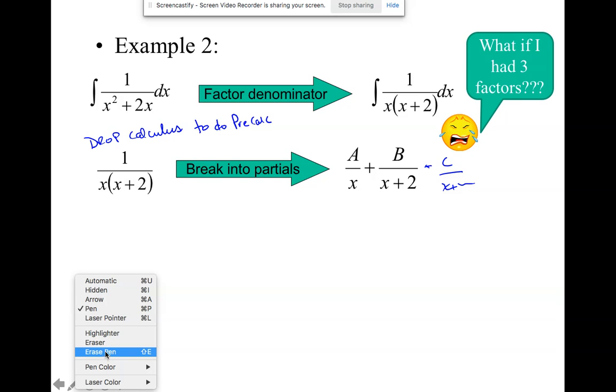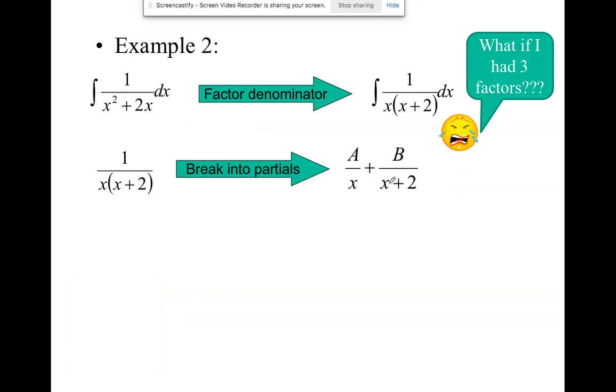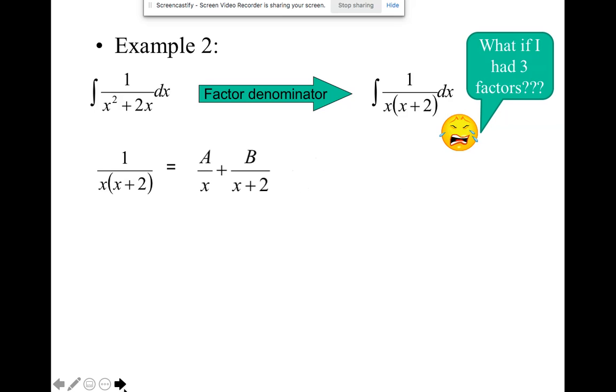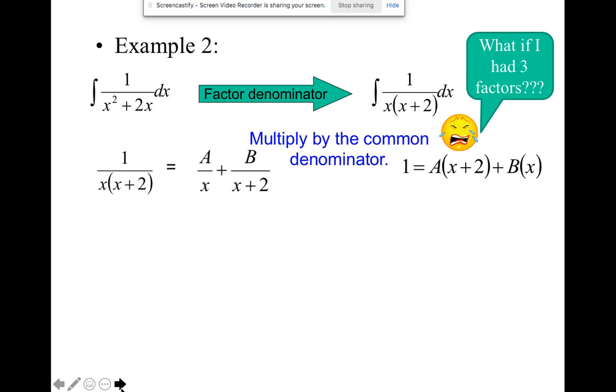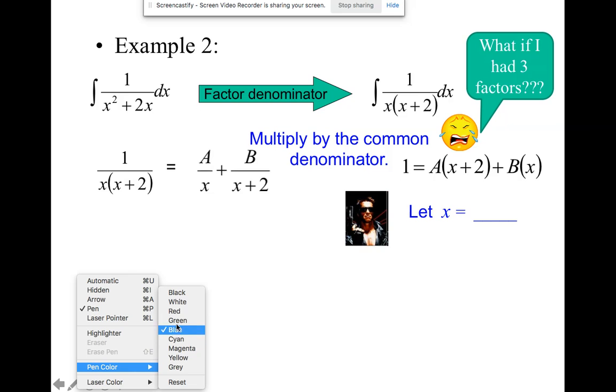In BC, we tend not to see them. Tend to just see the double factors. I think some of your homeworks might have 3 factors, right? Just for practice and extension. Multiply through by the common denominator. Bring Arnold to the situation. Who do you want to let x be?